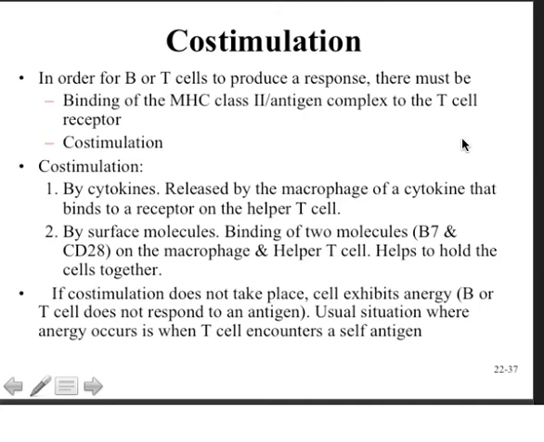If co-stimulation doesn't take place, the cell will go into anergy, where essentially it'll be alive but unresponsive. This is the usual situation where anergy occurs when T cells encounter self-antigens.